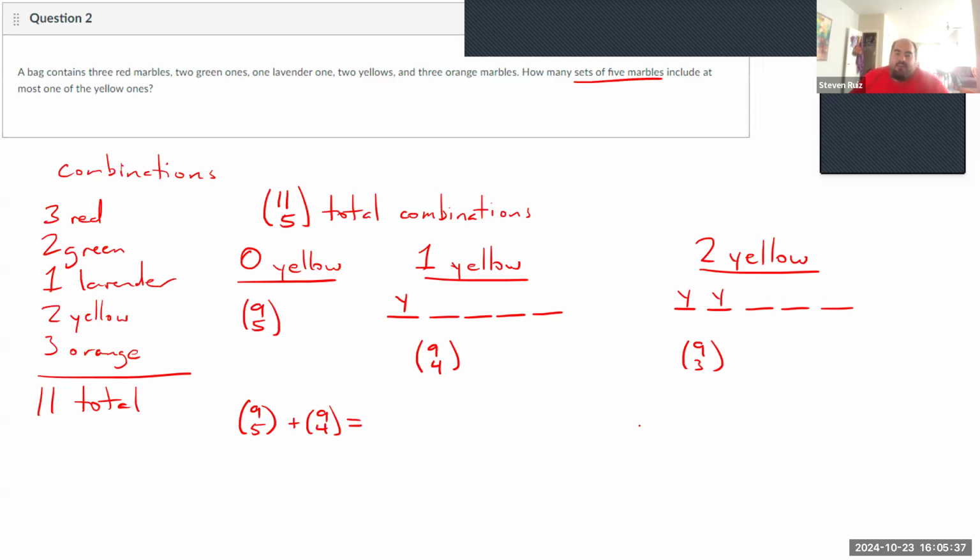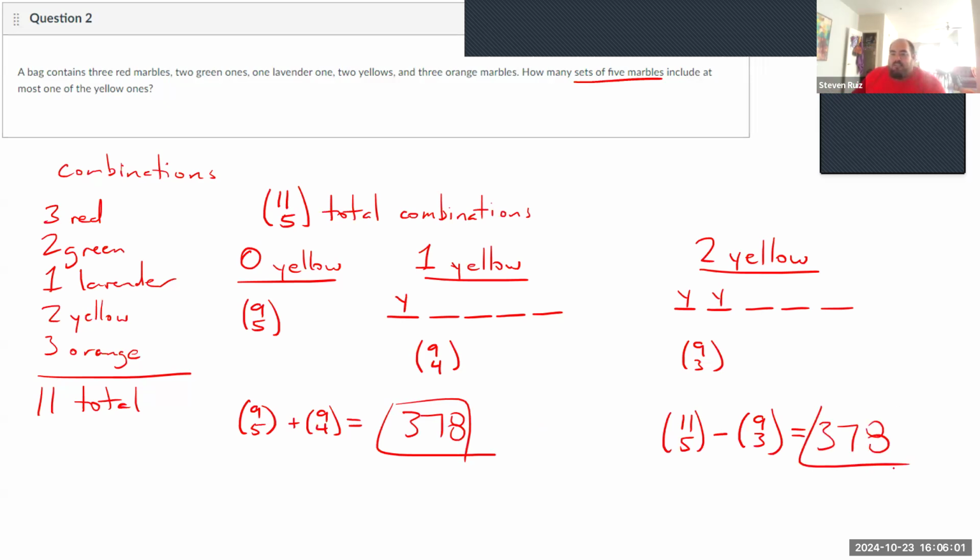If I find the number of off limits combinations and subtract that from the total combinations with no restrictions at all, that should give me an answer as well. Both methods lead you to the answer, which is 378. So there are 378 combinations where I choose one yellow marble or no yellow marbles, but not 2.